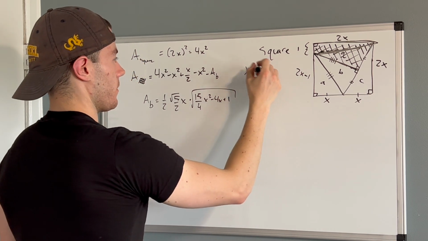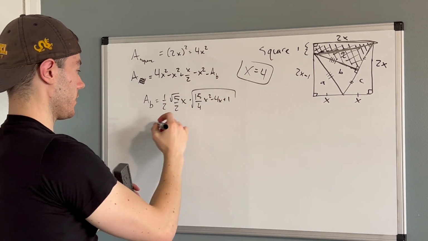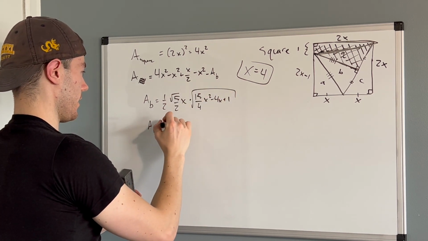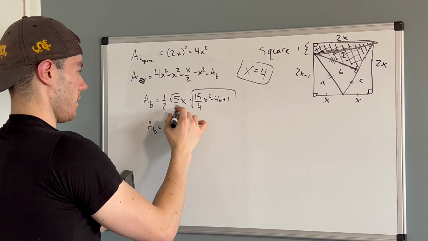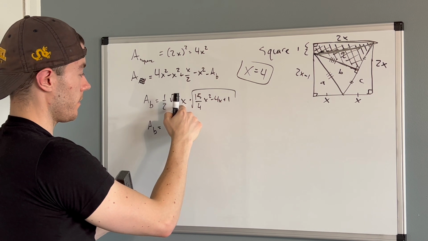X equals 4. Now if x equals 4, we're going to plug 4 in for all of this. AB is now 2 times 2 is 4 in the denominator, times 4 in the numerator makes 1.